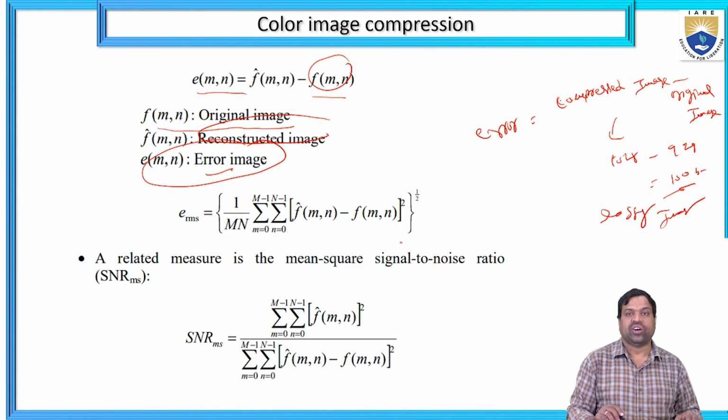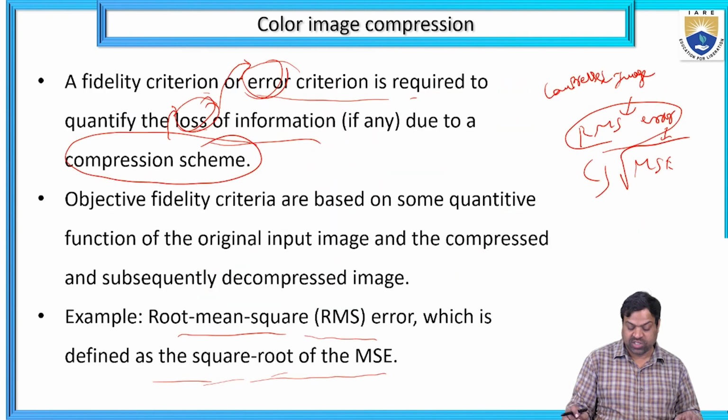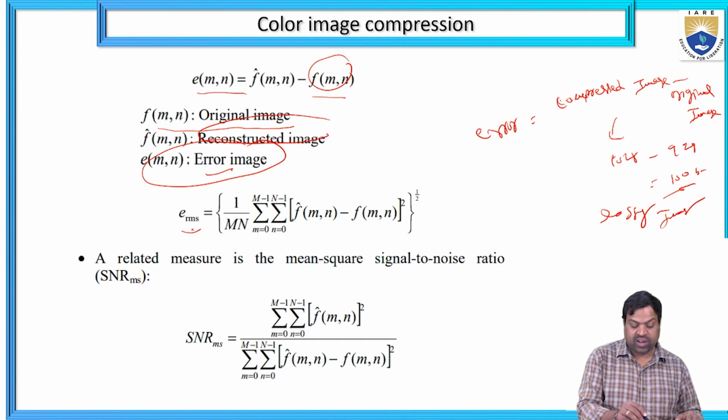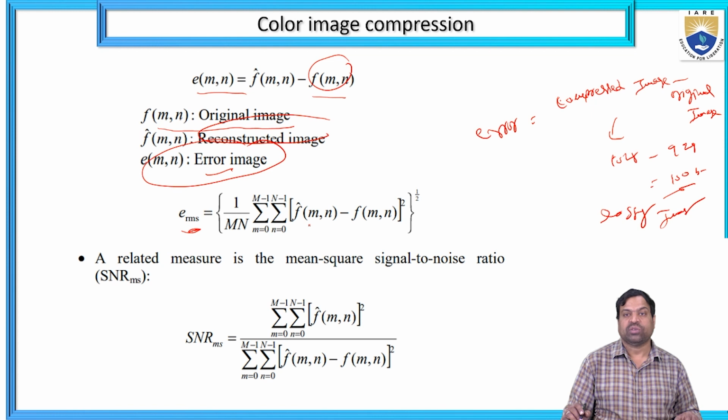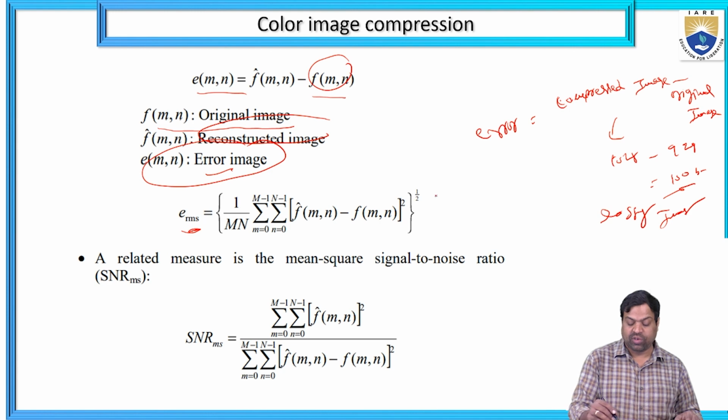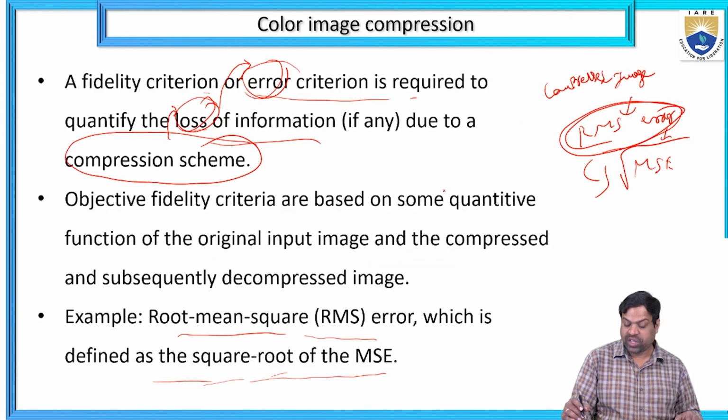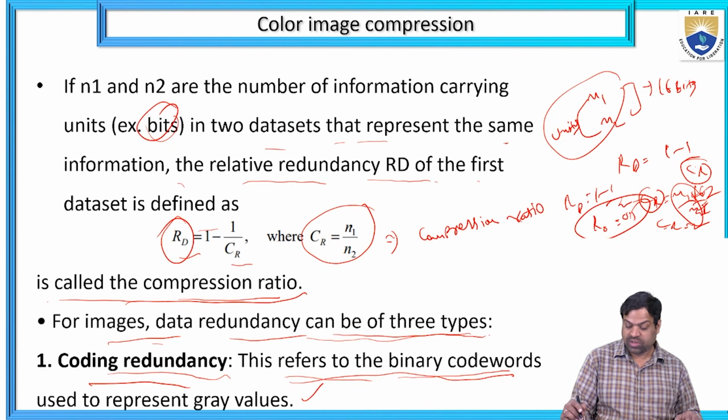So the error E RMS equals, why? Because I am taking the RMS error. So E RMS equals 1 by MN times the summation from m equal to 0 to M minus 1 and n equal to 0 to N minus 1 of f dash of m comma n minus f of m comma n, whole square, to the power 1 by 2.